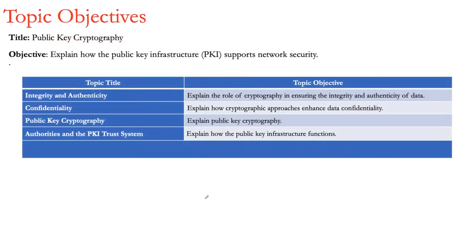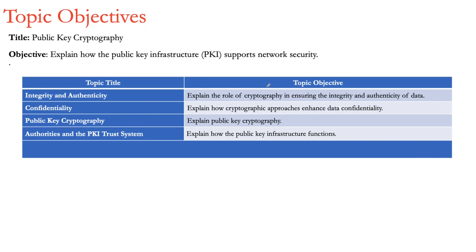In today's lecture, we try to discuss public key cryptography, which explains how public key infrastructure supports network security, and how it is applicable to our blockchain system when any individual generates blocks and maintains the blocks in the blockchain.